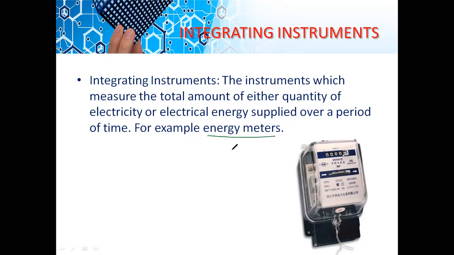Integration means it tries to integrate more than one quantity. It tries to multiply, add on, something it does with more than one quantity. If we take an example of energy meter, where energy means it has to integrate power and also time.